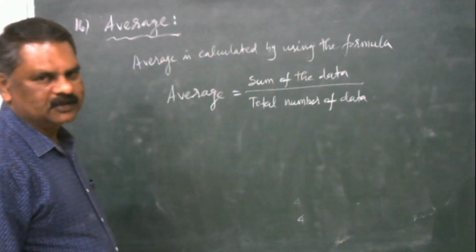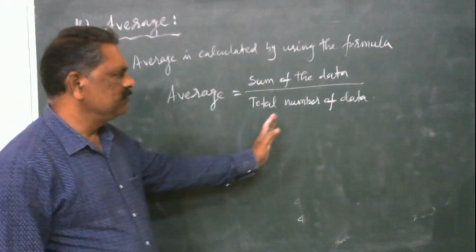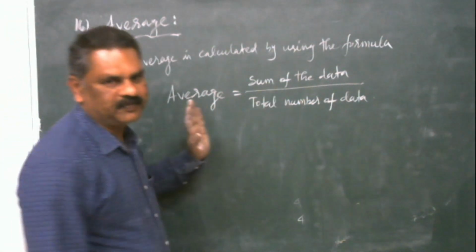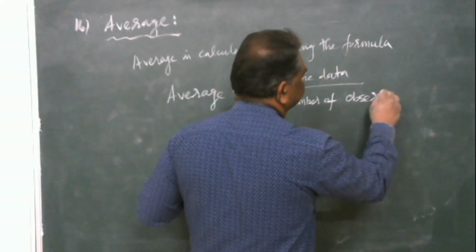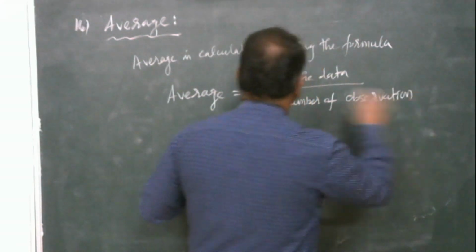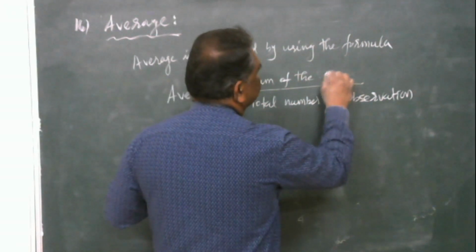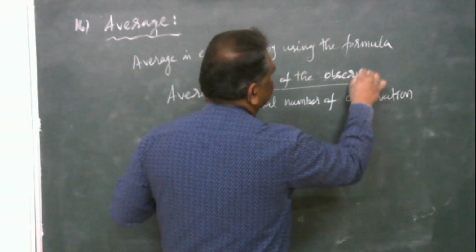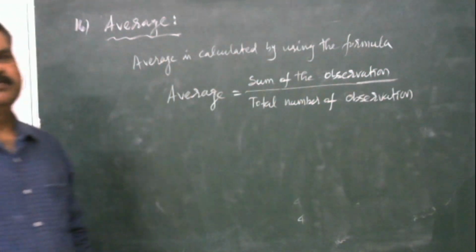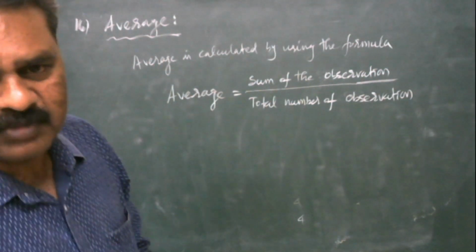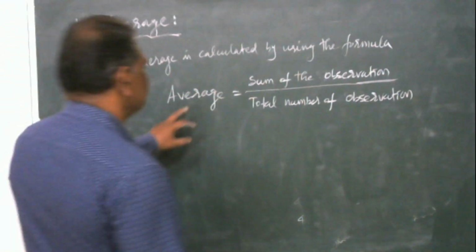Data is singular, so instead of data we can write observation. So the sum of the observations divided by the total number of observations is average.